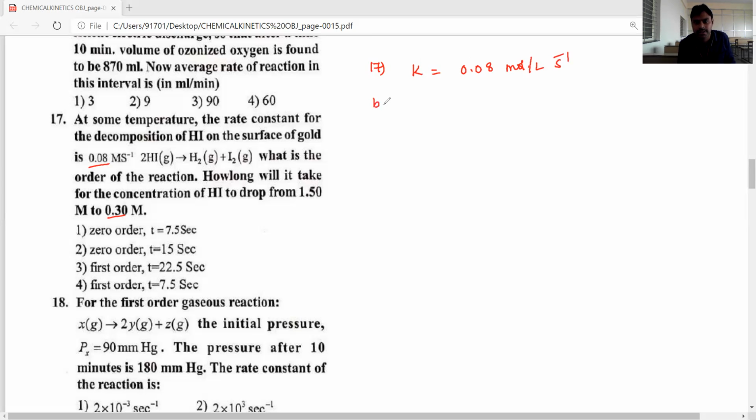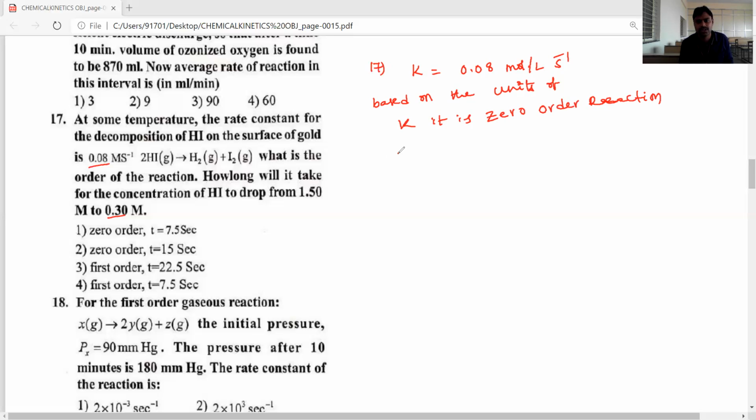Based on the units of K, it is a zero order reaction. It's very clear, so the order has come. It is a zero order reaction. Now we have to find out how much time is required for the concentration of HI to change from 1.5 to 0.3.